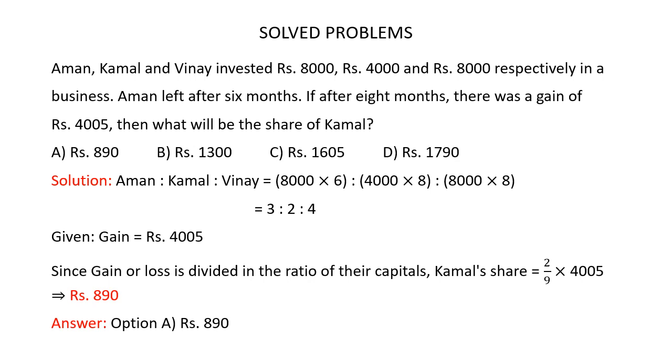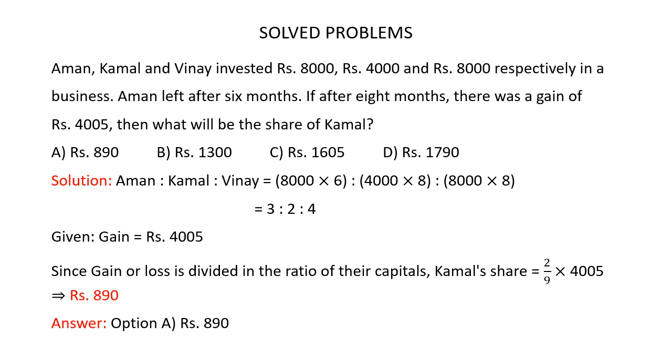Now it's given that the gain is rupees 4,005. We know that gain or loss is divided in the ratio of their capitals. So rupees 4,005 is divided in the ratio of 3 is to 2 is to 4 among Aman, Kamal and Vinay. Now the sum of the terms of this ratio is 3 plus 2 plus 4, which is 9. Now we are asked to find the share of Kamal.